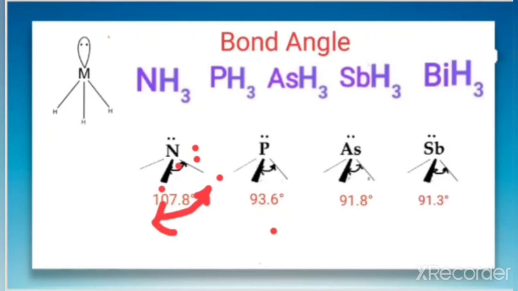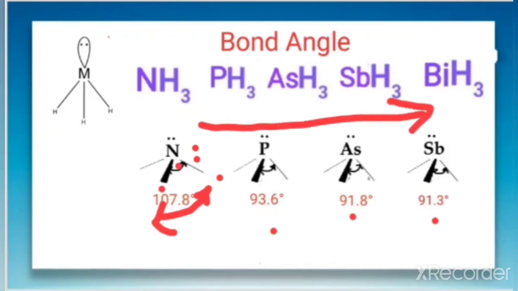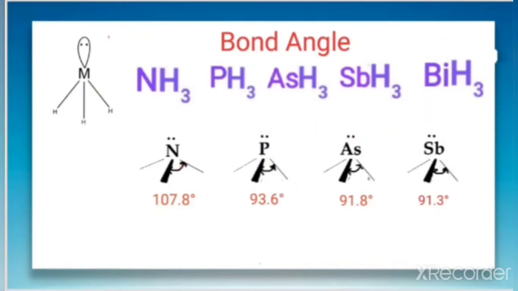This repulsion decreases down the group because the size is increasing. So the bond angle decreases down the group in the hydrides of group 15 elements.